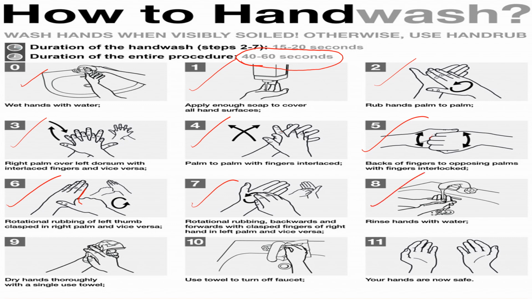And next, you have to rinse the hands with water and dry the hands using a towel. And using the towel, you have to switch off the tap because your hands are now clean. Now they are safe from the germs.